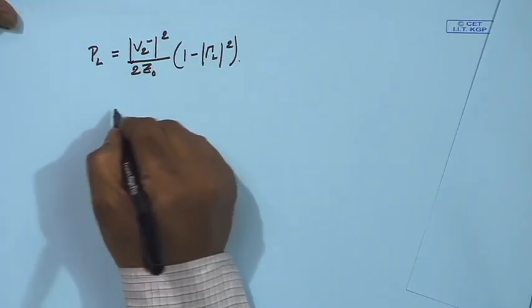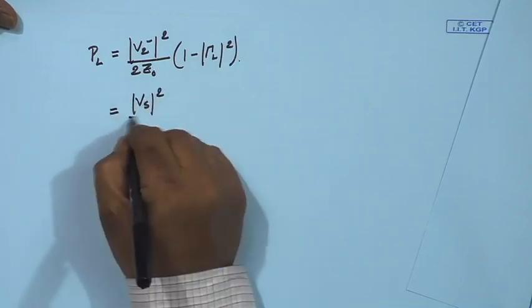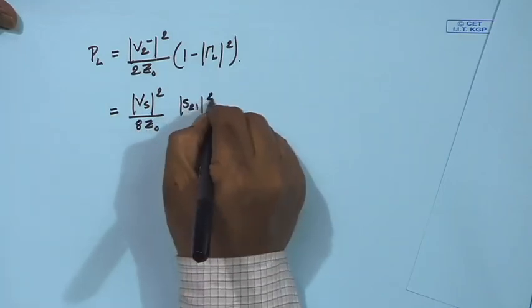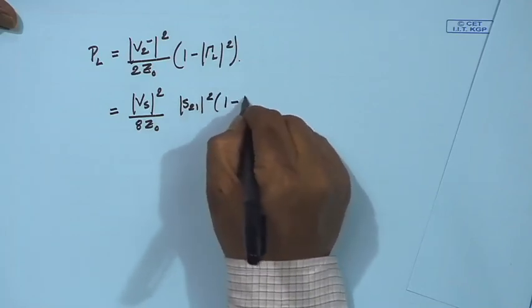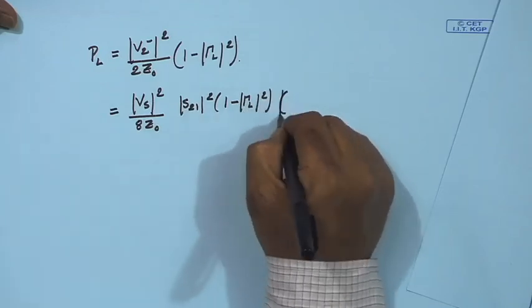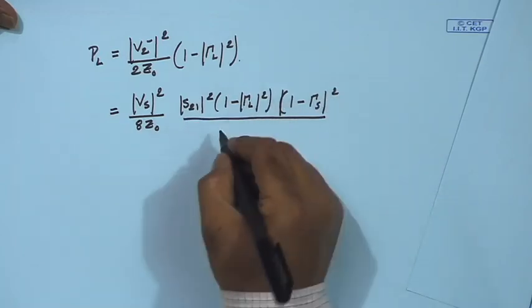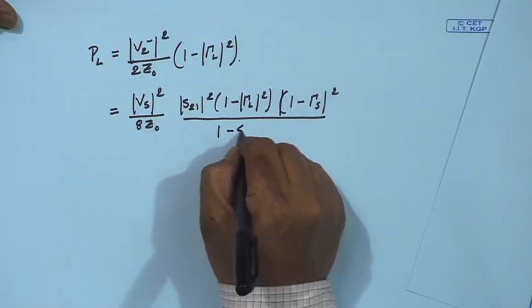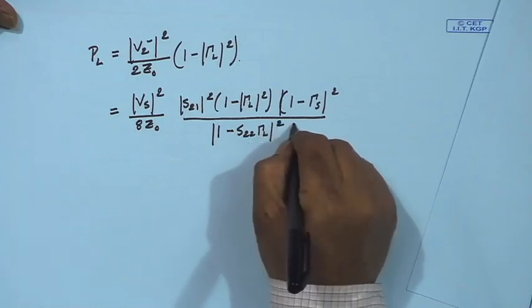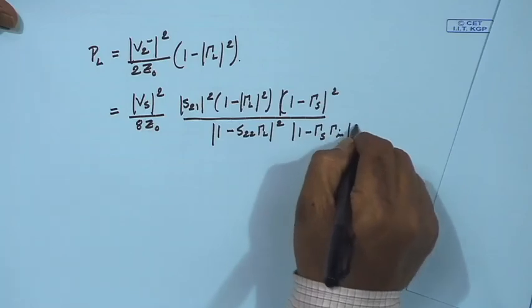So, if we do this, finally we can write that this will also turn out to be V s square by 8 Z naught, S 21 square into 1 minus gamma L square into 1 minus gamma s square, divided by 1 minus S 22 gamma L square into 1 minus gamma s gamma in square.